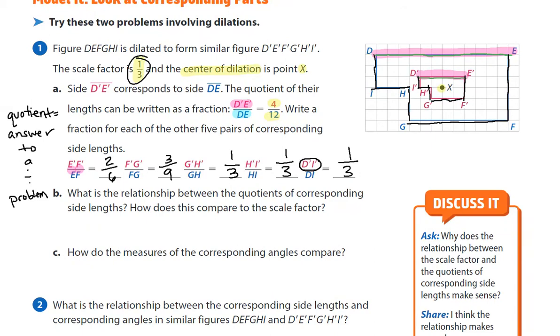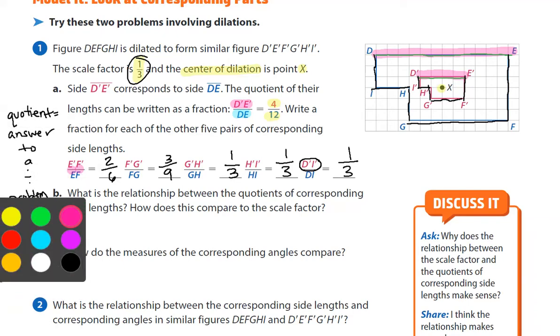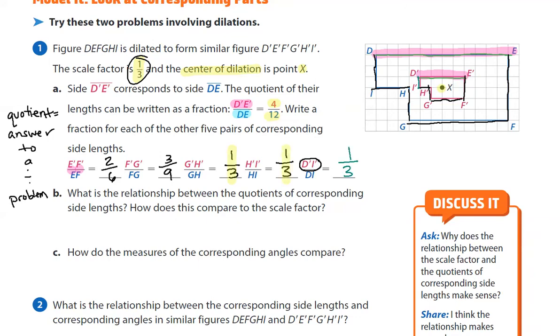What is the relationship between the quotients of corresponding side lengths? How does this compare to the scale factor? You may have noticed that this one and this one are the scale factor, and this one and this one reduce to the scale factor.